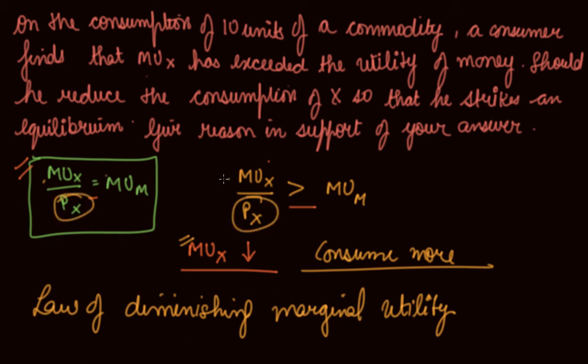There is no change in the price given. So, this will happen only when consumption of commodity X is increased due to law of diminishing marginal utility. As it increases the consumption of X, the marginal utility derived from its successive units decreases. As you increase the consumption, your marginal utility decreases due to law of diminishing marginal utility. So this is how you have to explain this question.